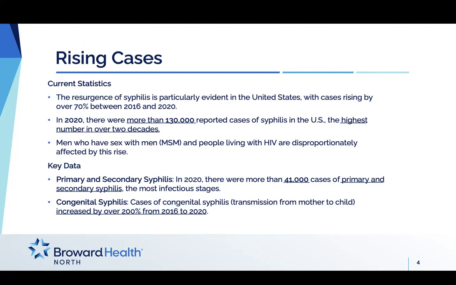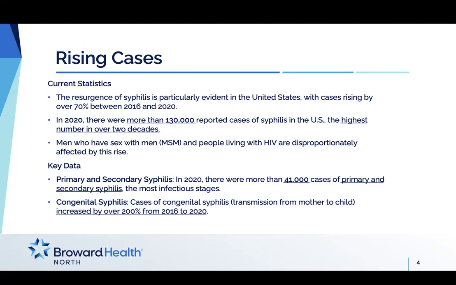Key data from these statistics is that in 2020, about 41,000 of the cases were primary and secondary syphilis. And why is this important? Because both of these stages are the most infectious of the disease. So people are transmitting this.